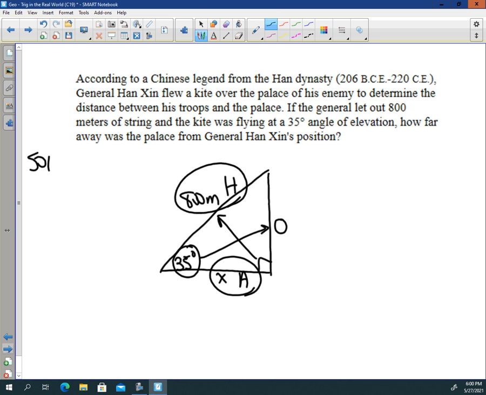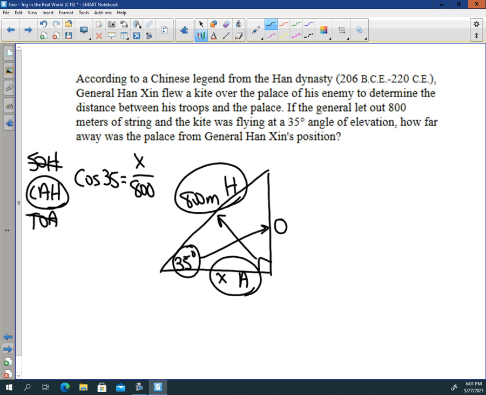We remember by remembering SOH CAH TOA. And we find the one that has the A and the H, and it is, again, the cosine ratio. These two are not very useful right now. So the cosine of the angle, the cos of 35, is the adjacent x over the hypotenuse 800.